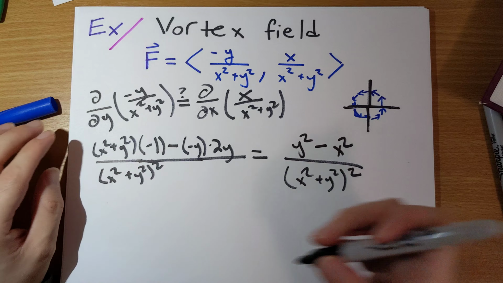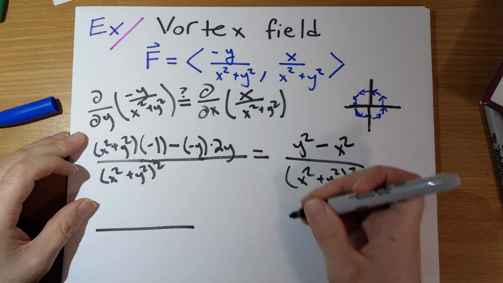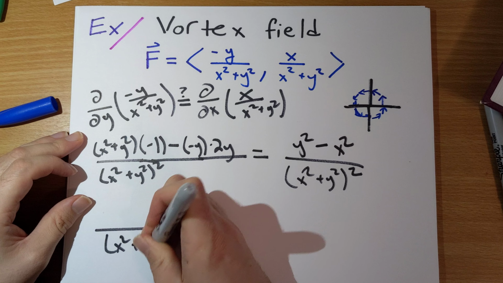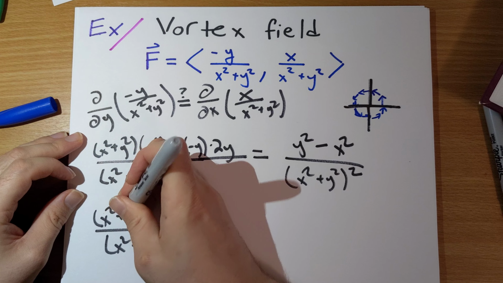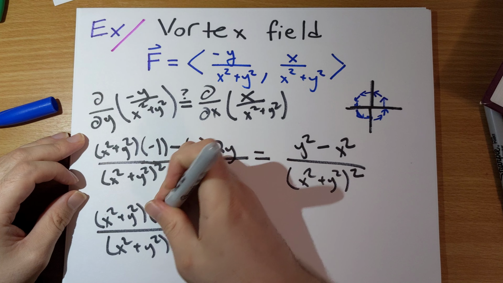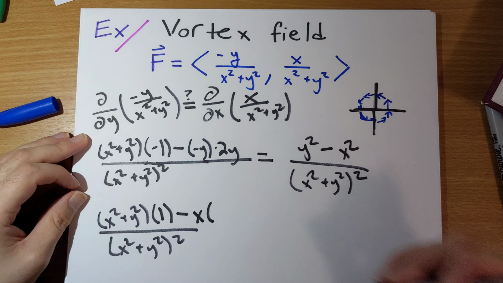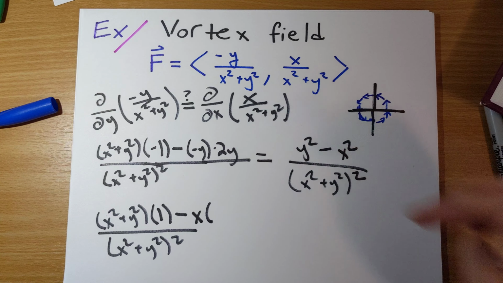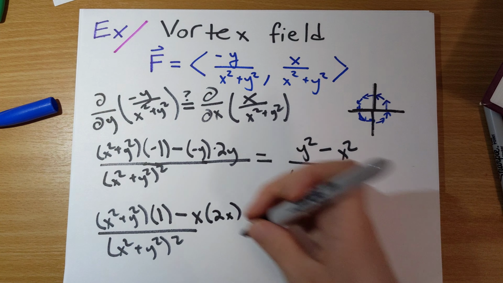This partial derivative ends up as x squared plus y squared squared, x squared plus y squared times the derivative of this, which is 1, minus x times the derivative of this downstairs, the derivative with respect to x, which is 2x.